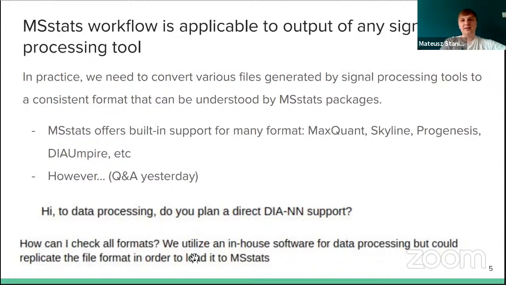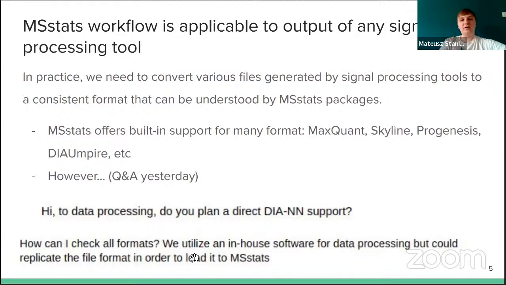However, in practice, different signal processing tools output their data in very different formats. So MSstats needs tools to convert all these various formats into one format that can be used for the downstream analysis.